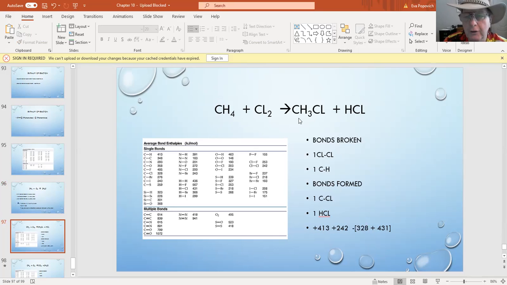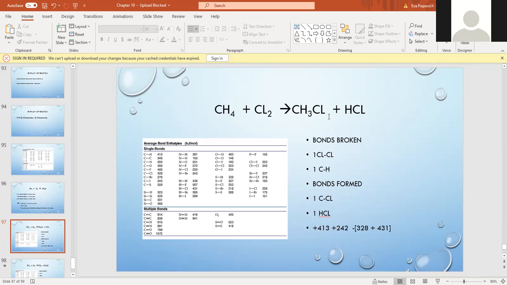All right, Cassidy. Now, how many bonds are being formed with CH3Cl? How many things are bonded to carbon? 4 total. How many hydrogens are bonded to the carbon? 3.